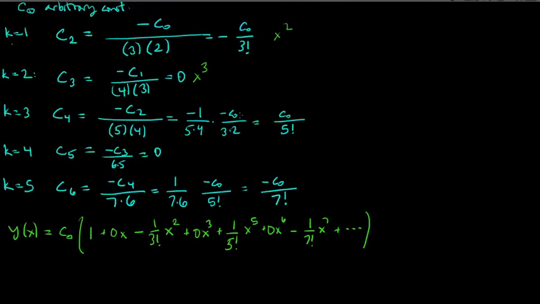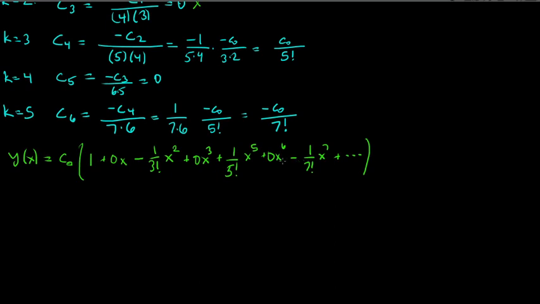And we have a pretty good pattern here. In fact, because I left this in terms of the factorials, let's write it as an actual series. I'll have the C0 in front. So here, let's go back to n. N starts at 0 to infinity. And this will be negative 1 to the n, because notice that this is an alternating series here. You have plus, minus, plus, minus. Again, ignore the zeros.